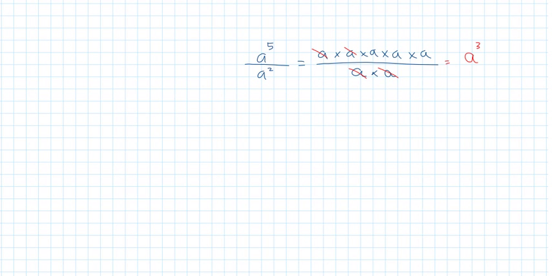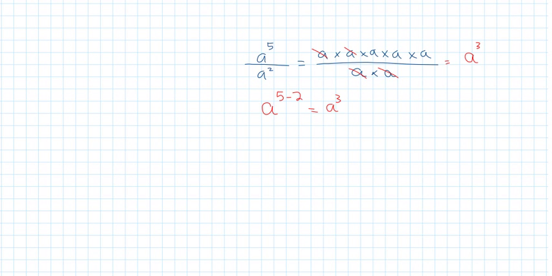So, if I do 5 minus 2, what do I get? 3. And this is how they got the rule. This is why the rule works. They take the base, it's the same base, and they subtract the exponent. So that is a to the power of 3. This is basically the formula to get to your answer.